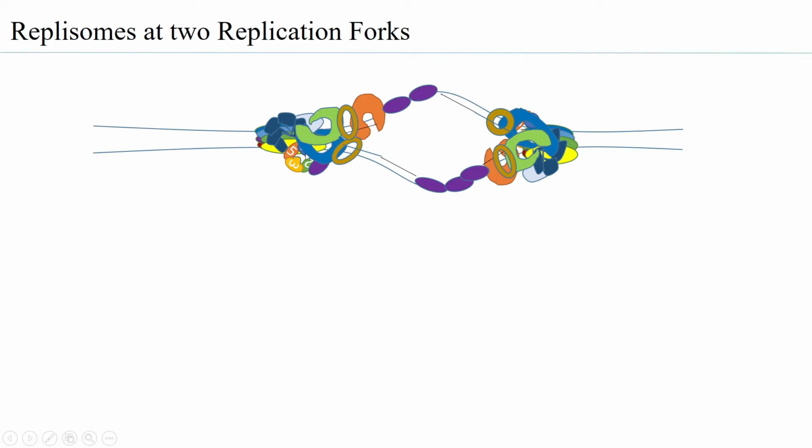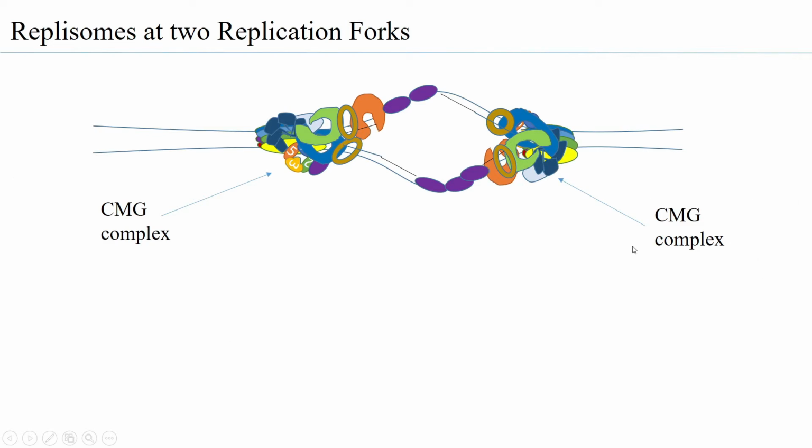And this CMG active helicase in turn is associated through the GINS with the CTF4 subunit of the RPA that is able to associate with the DNA polymerase alpha. So as you can see, at both the replication forks, you have the CMG complex.